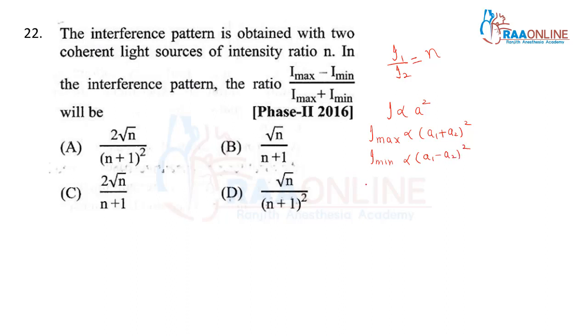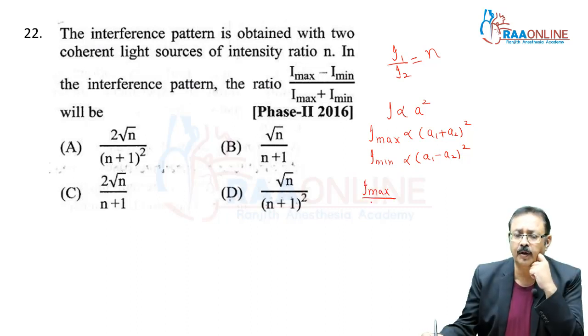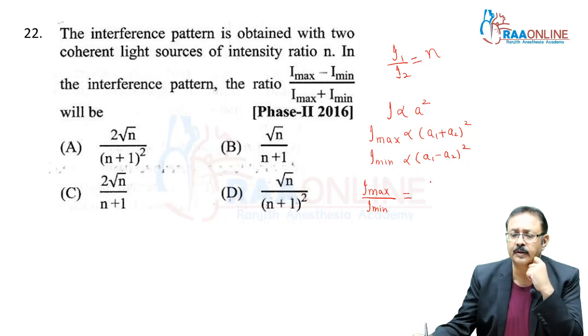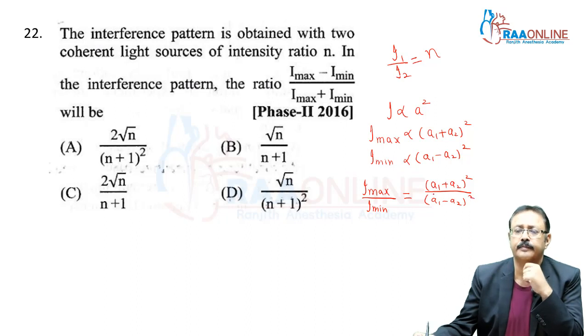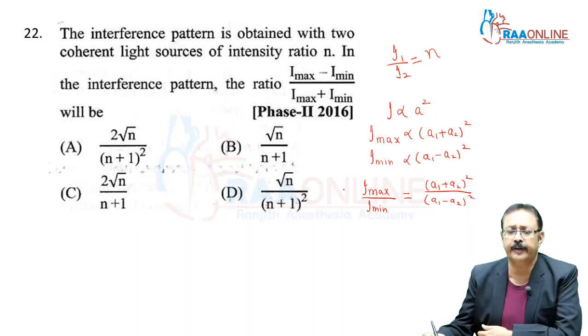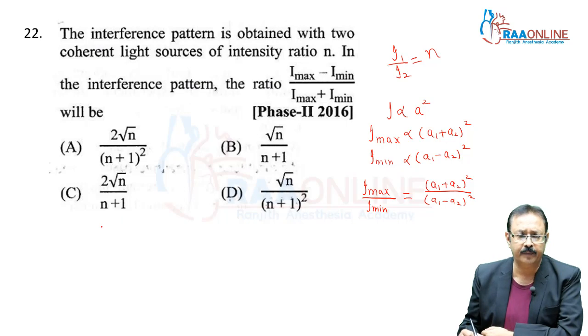It means I maximum upon I minimum is equal to A1 plus A2 whole square upon A1 minus A2 whole square. By componendo dividendo, we are getting I maximum minus I minimum upon I maximum plus I minimum.